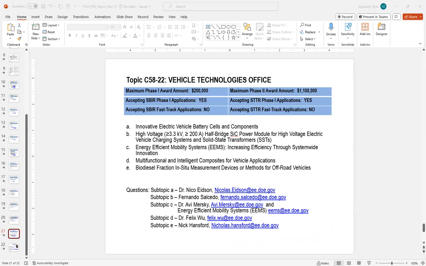We encourage proposals to utilize package power densities similar to commercial off-the-shelf high-voltage power modules, as well as device pathways towards domestic manufacturing with a cost structure that will allow for commercialization at competitive prices. I'll be happy to take any questions. And thank you. I'll pass it to Avi.